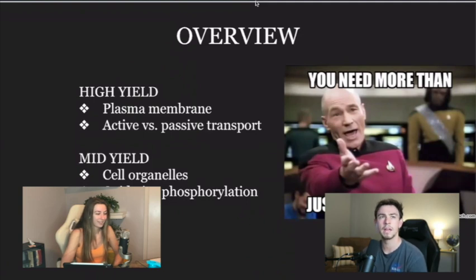But within each of those, there are separate subjects, right? So there's translation, which you've got to know the whole process of, and that occurs at the site of the ribosome, but you don't have to really associate the two that much, at least on the MCAT. And the same thing with the mitochondria and the majority of respiration.